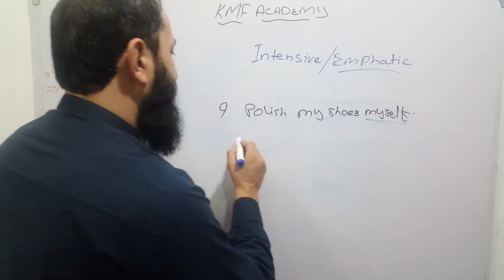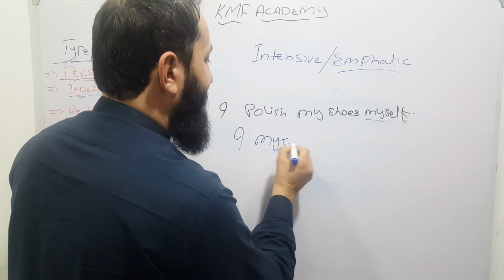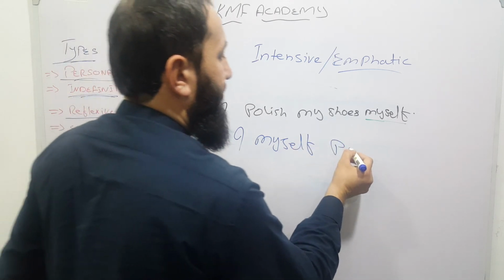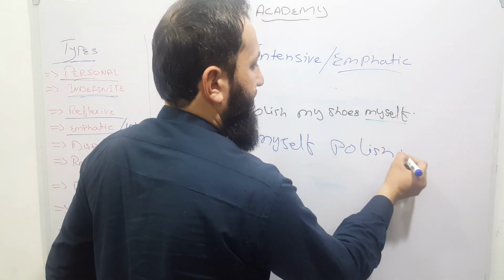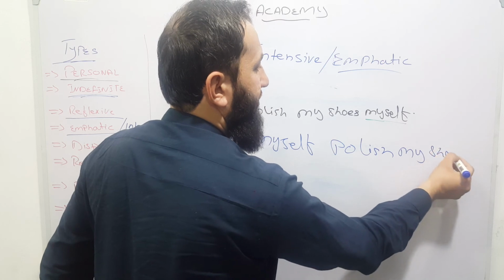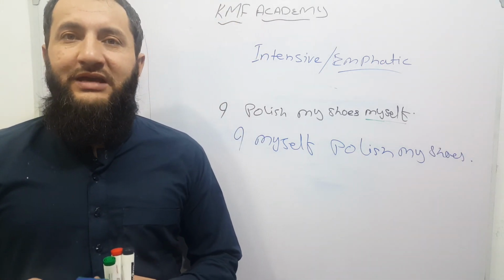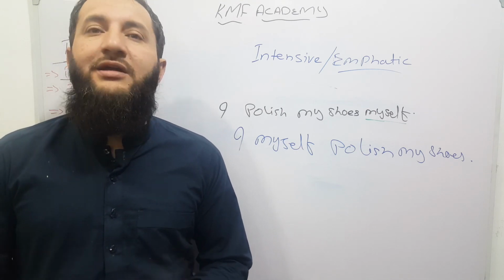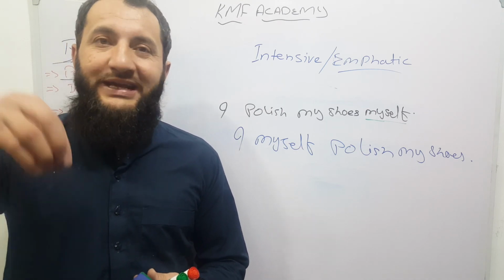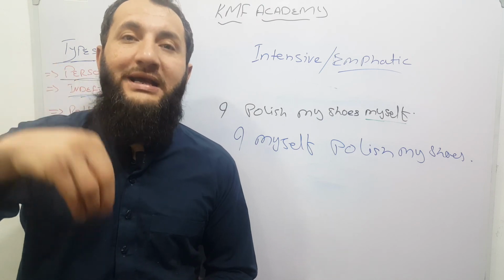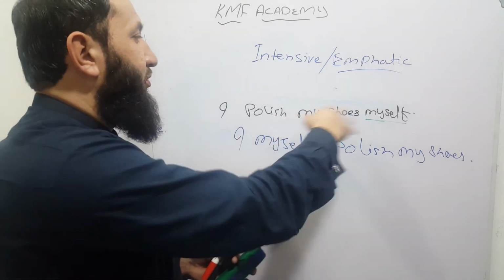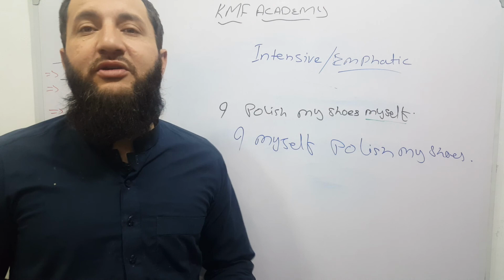believe you me, I myself polish my shoes. What have you done here? Can you guess? You have done nothing, rather putting stress over the myself. Look, I polish my shoes myself. Simply you are saying.